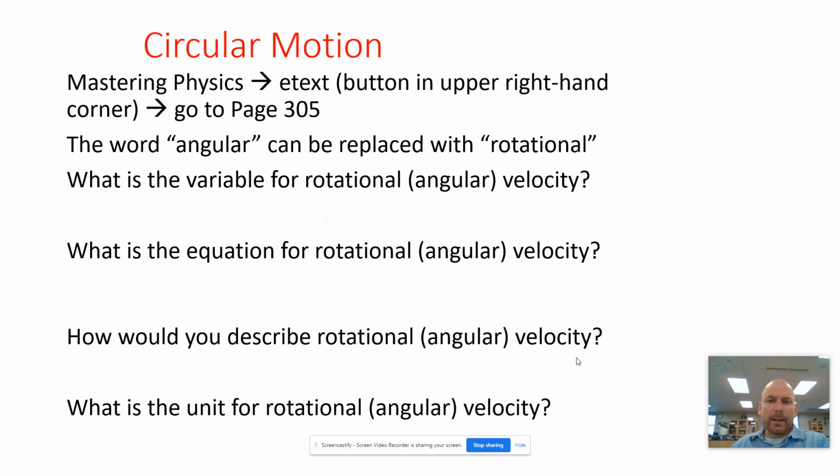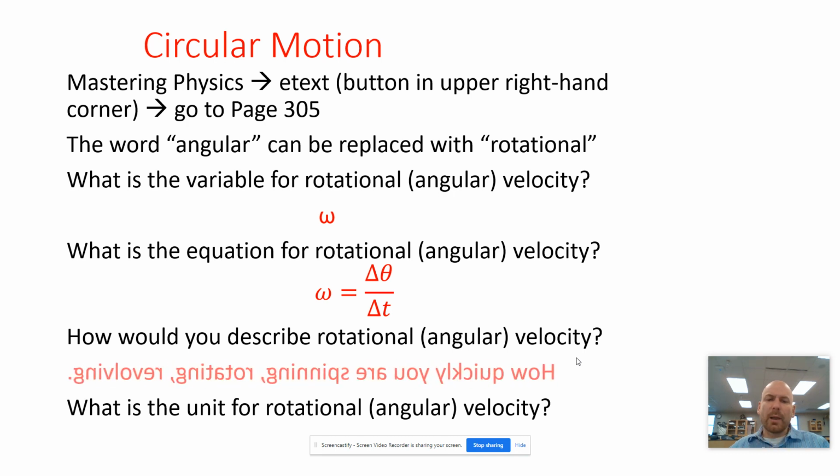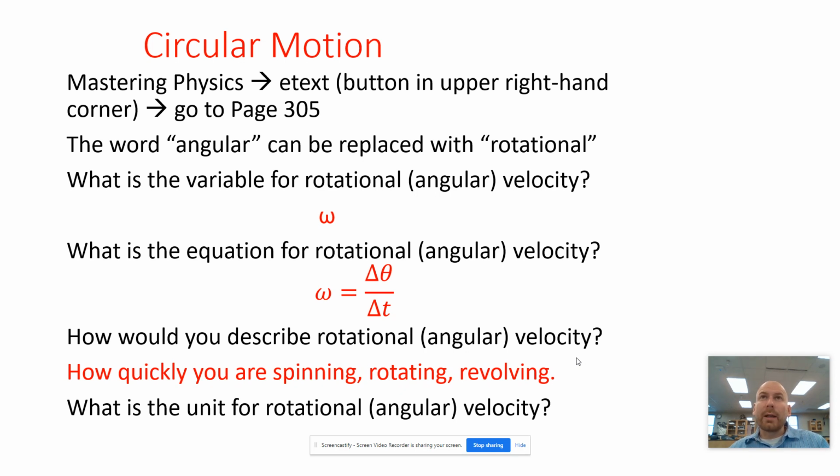The variable for that is going to be a lowercase omega, which looks kind of like a funky looking W. The equation for this is delta theta, which is change in angle, over time. You describe this like how quickly you are spinning, rotating, or revolving. This is the rate at which you are changing your angle as you go through. That's where this equation comes from.